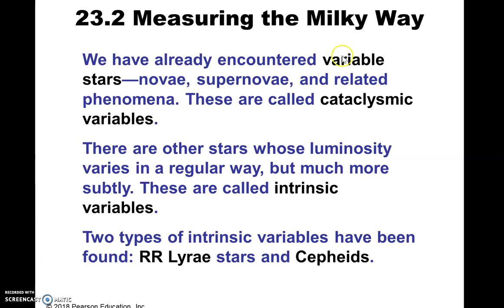But remember, these vary, and in some cases they can vary not in a predictable way, like the nova can get brighter when matter accumulates on the surface, and that can happen over and over again, but not in a predictable way.